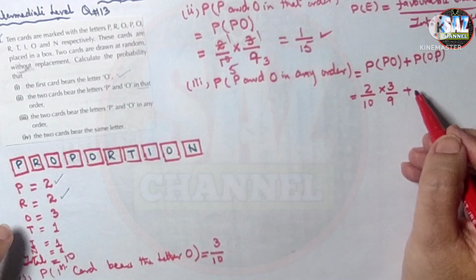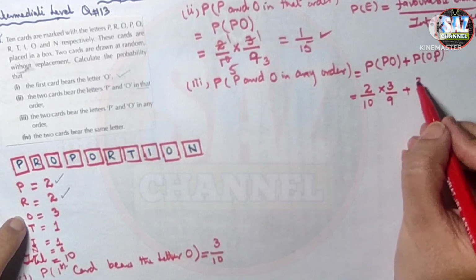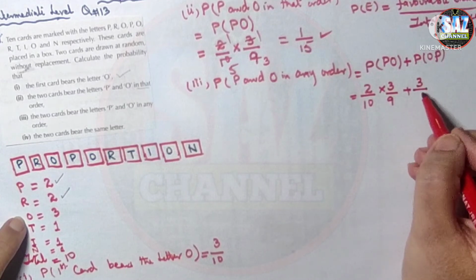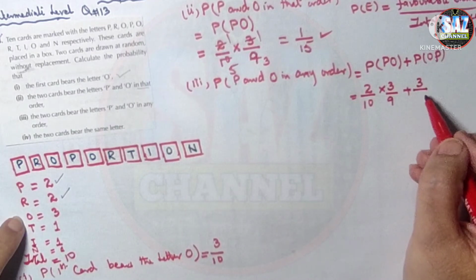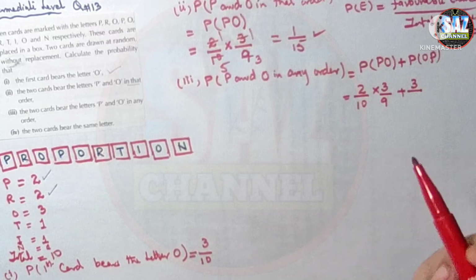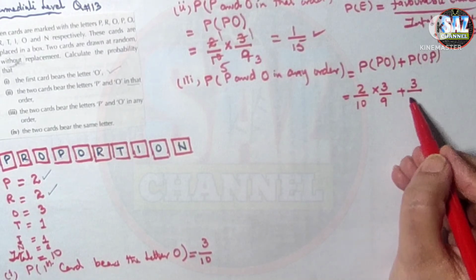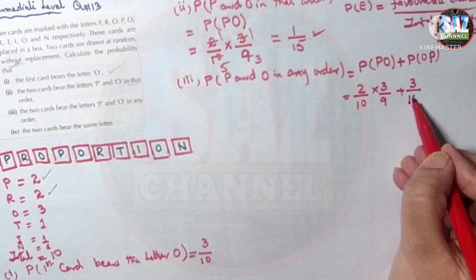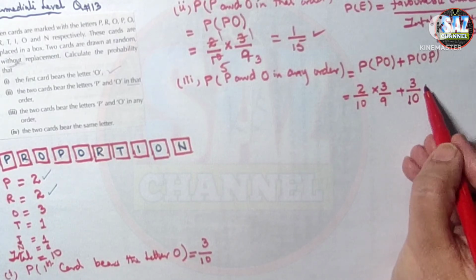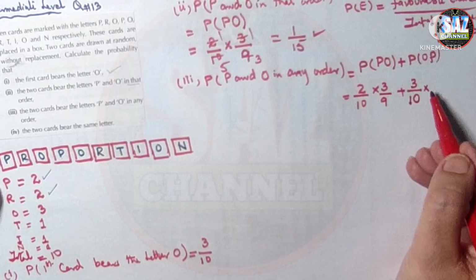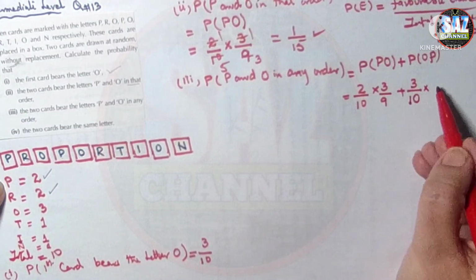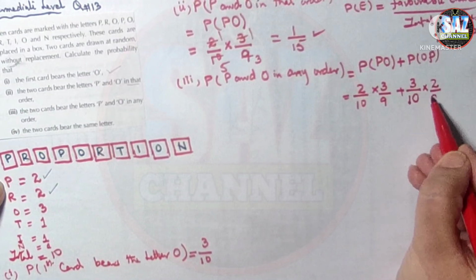Now, if I'm picking up letter O first, then the choice of letter O is out of the total sample space, so it will be 3 by 10 multiplied by P. Now P has the choices 2 by 9.